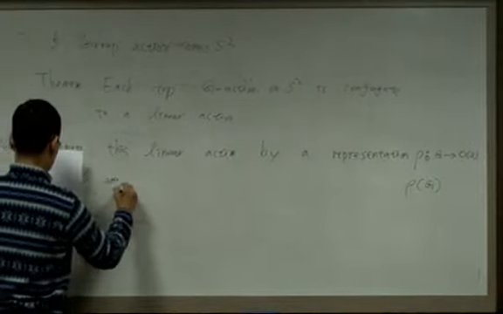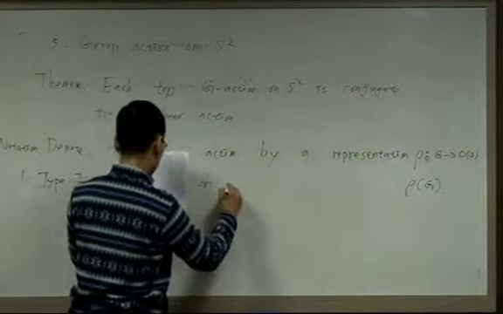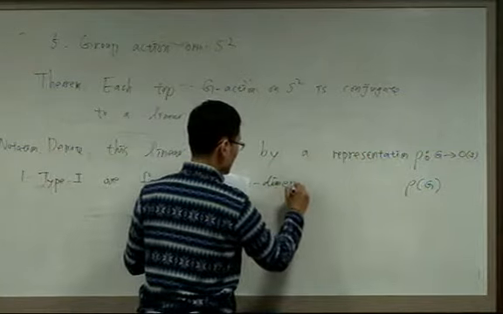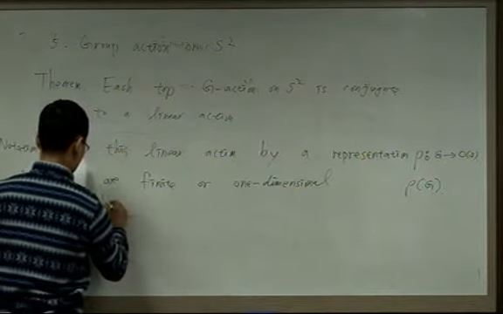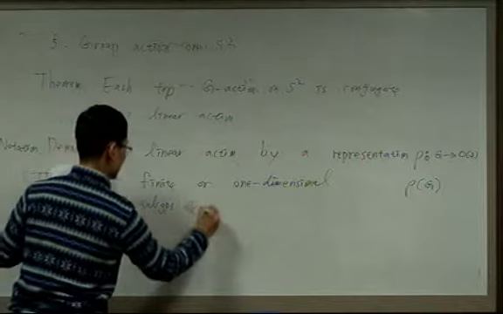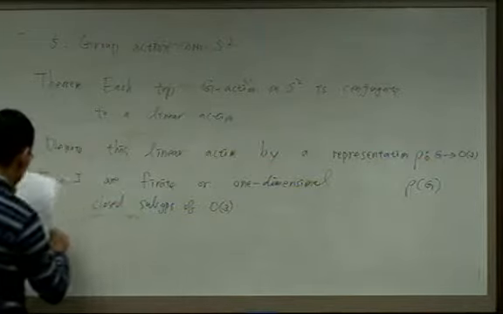Type 1 are finite or one-dimensional closed subgroups of O3, and type 2 contains two kinds of closed subgroups. We don't explain type 2 precisely, but just give an example.